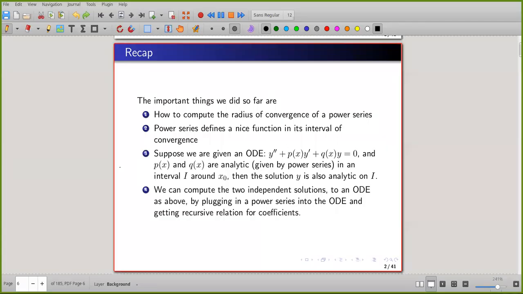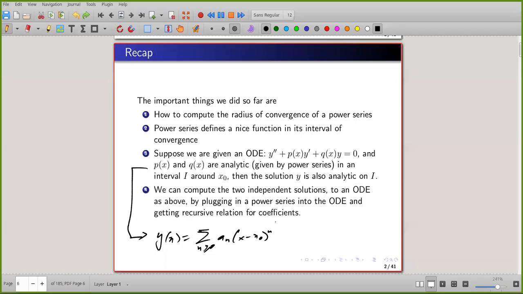Because of this point, we can just assume y of x is the summation over n greater than or equal to 0 of a_n times (x minus x naught) to the power n. I've said this numerous times, but there's no harm in saying it once again because this is one of the most important points in this course.